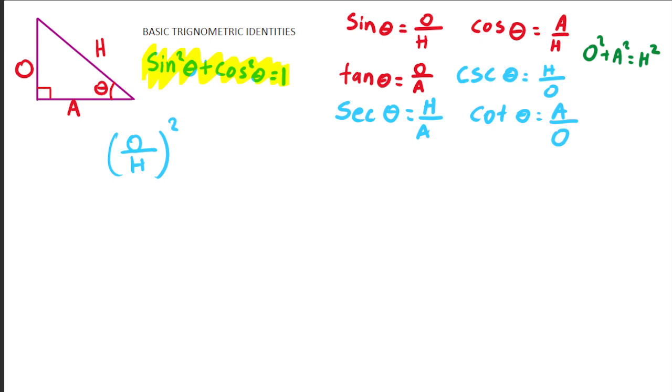And similarly, we know that cos theta is A over H, so we can write plus A over H, also whole squared, and that's 1. Now if we simplify this, we get O squared plus A squared over H squared.